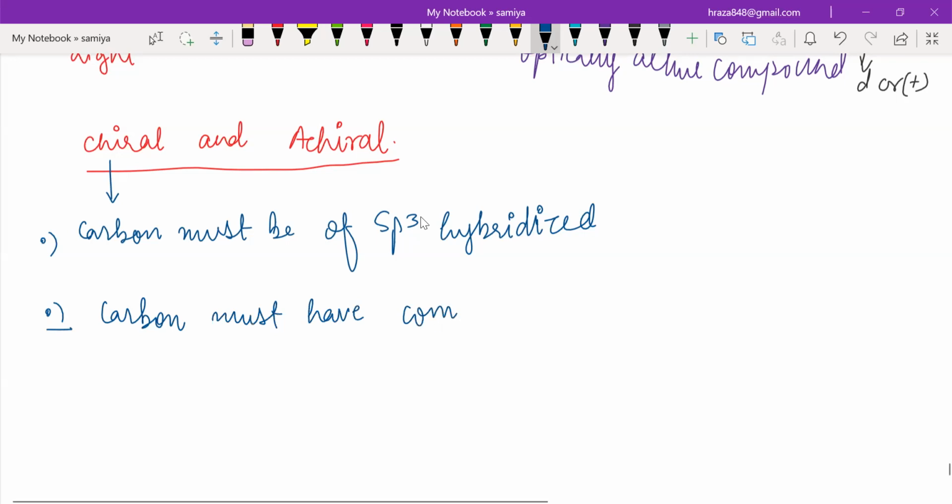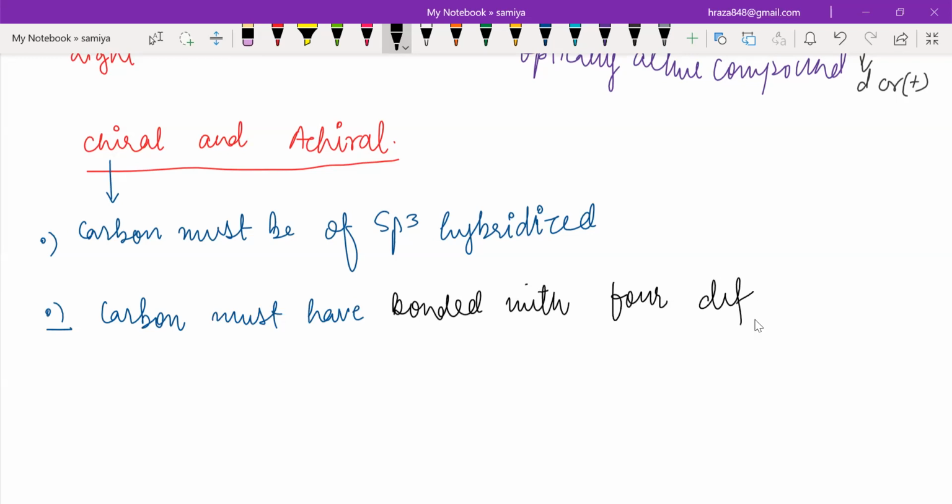Carbon must be sp3 hybridized, and also carbon must be bonded with four different groups. That means if carbon is attached with two same groups, that carbon is not chiral carbon. That carbon will be achiral. Are you getting my point?